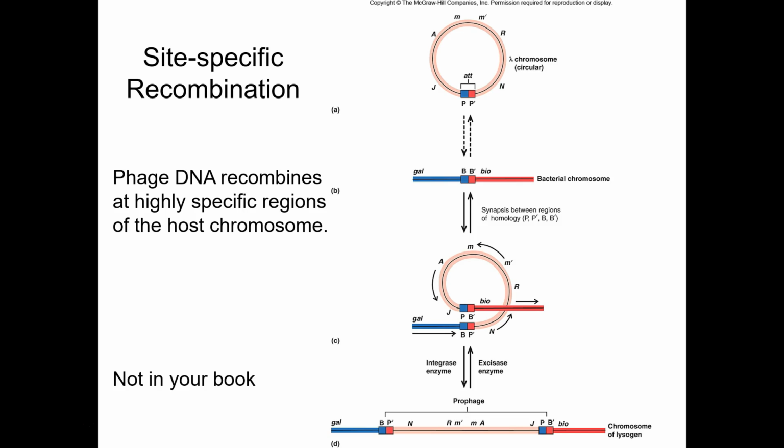Or it overshoots the other way and takes some red DNA with it. So this is the mistake. Normally just the virus leaves. But in the case of specialized transduction, it could take adjacent DNA with it as it leaves. So it just overshoots the mark and takes some extra DNA with it.